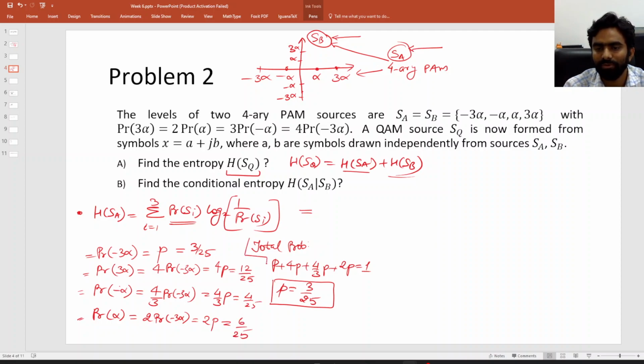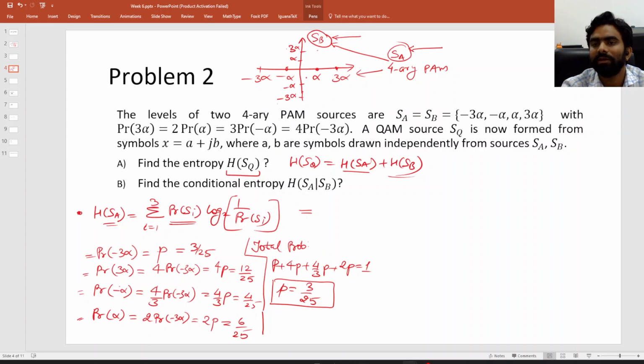By using the total probability rule, we have found the probabilities. Now for SA, these are the probabilities. Similarly for SB, the probabilities are the same. So the entropy of SA and the entropy of SB are equal because the symbols are equal: 3 alpha, alpha, minus alpha, minus 3 alpha.